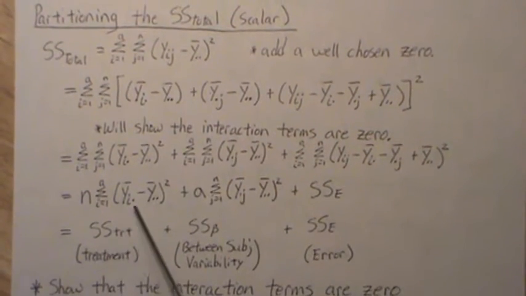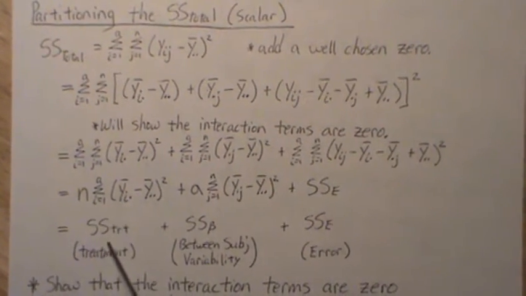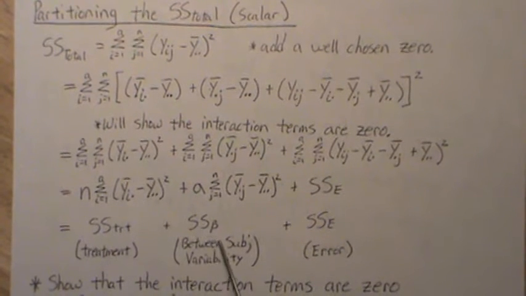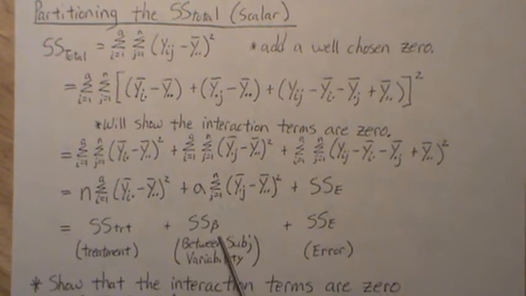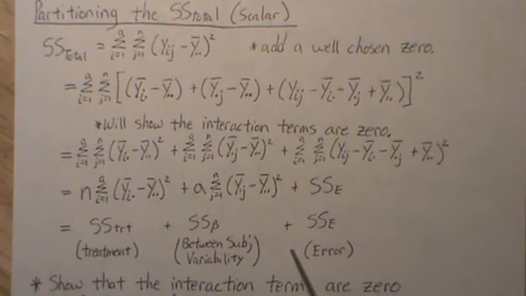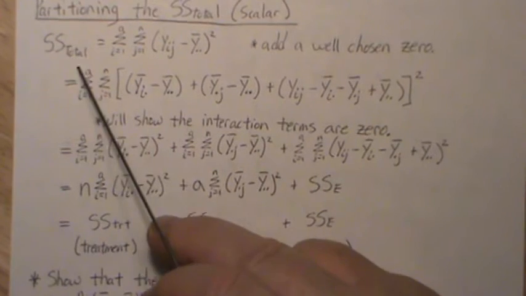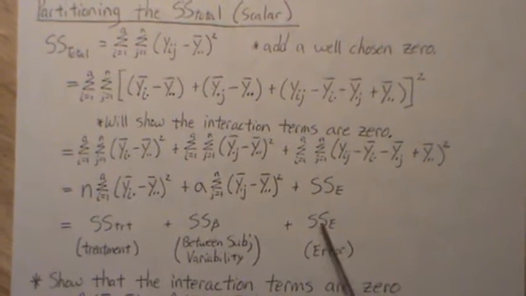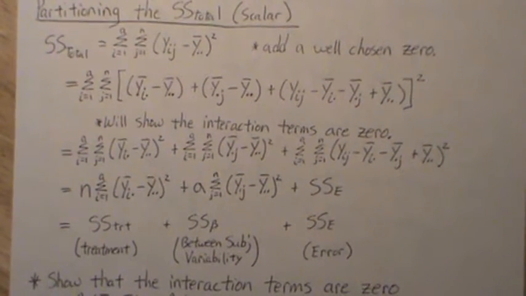And then this is the sum of squares treatment, and the sum of squares B, which stands for block, but it's the between-subject variability. Sometimes it can stand for between. And again, this is the error term. And so this sum of squares total can be uniquely divided into these 3 components.